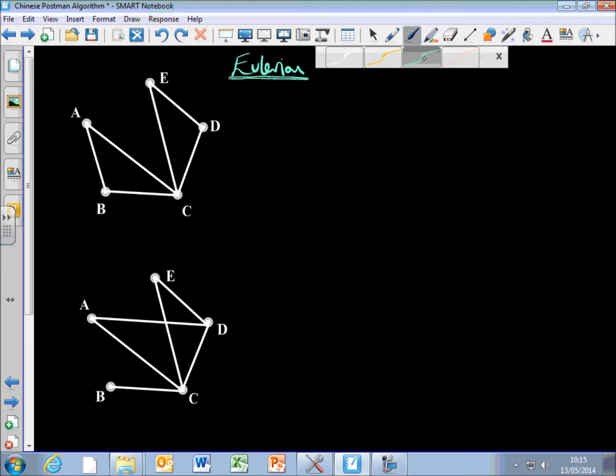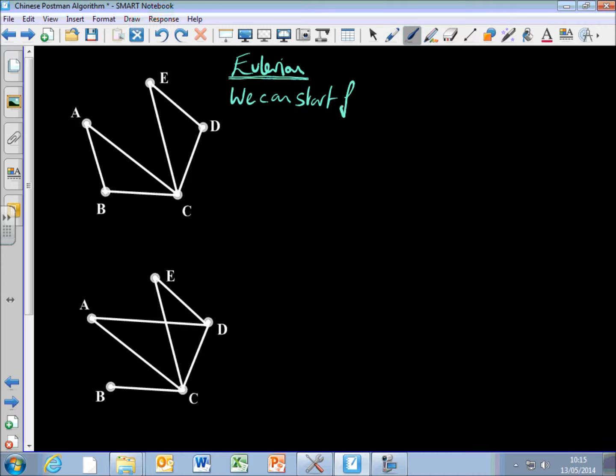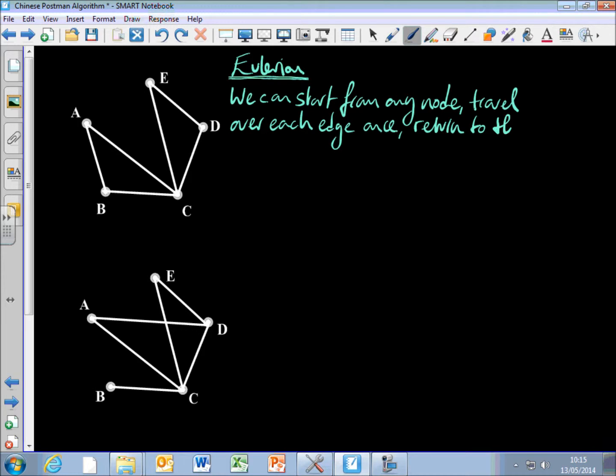We can start from any node, travel over each edge just once, and then return to the starting node. Okay, so that graph on the left is an Eulerian graph.